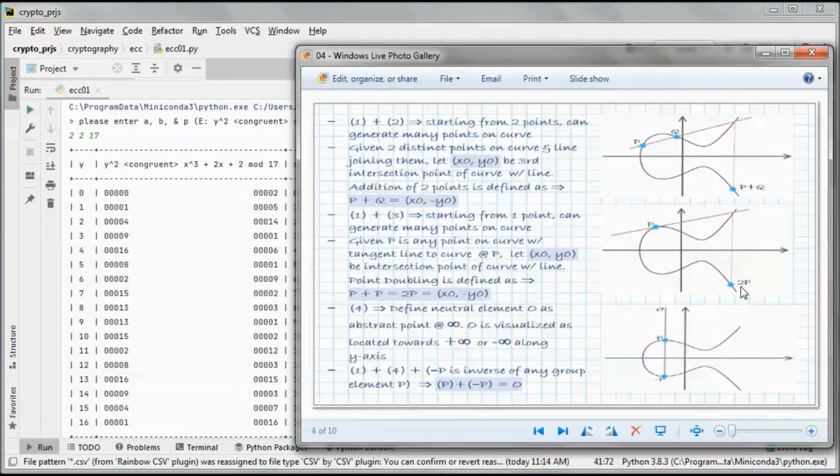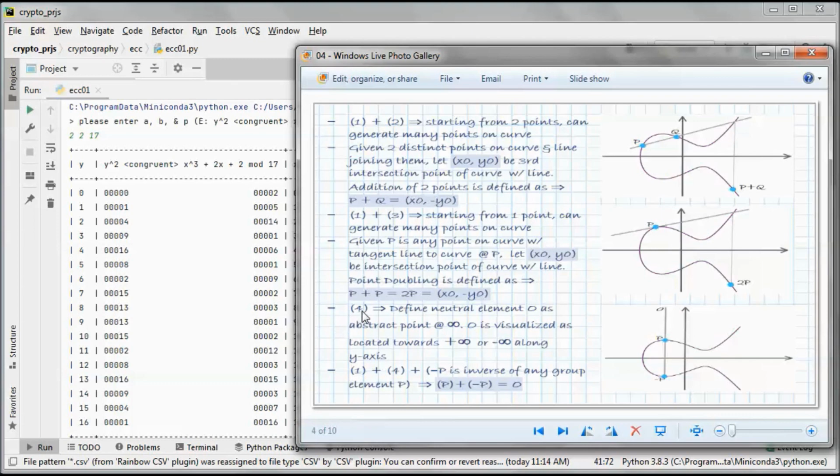This is 2P. So given point P is any point on the curve with tangent line to the curve at P, let x0, y0 be the intersection point of the curve with the line. We define point doubling as P plus P is equal to 2P is equal to x0, minus y0.